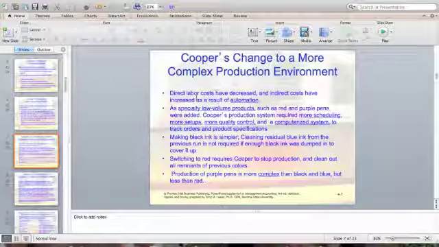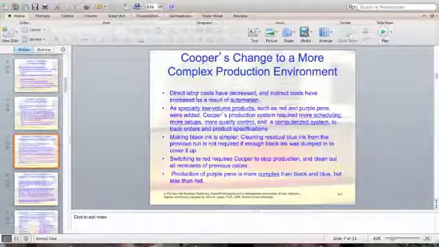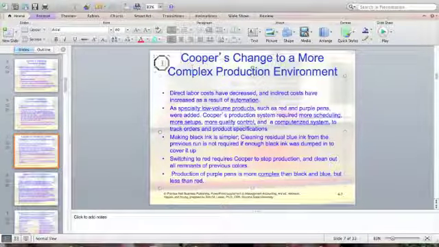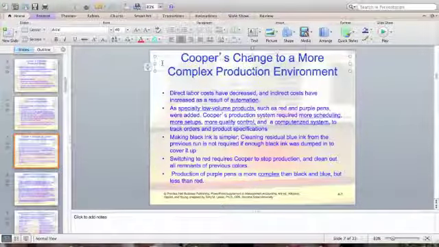Now we're looking at more details as we look at a change Cooper made from a simple manufacturing environment of just red and blue to also having red and purple. So we see what the impacts are. For example, direct labor costs have decreased and indirect costs have increased because now we have more automation, more processes.